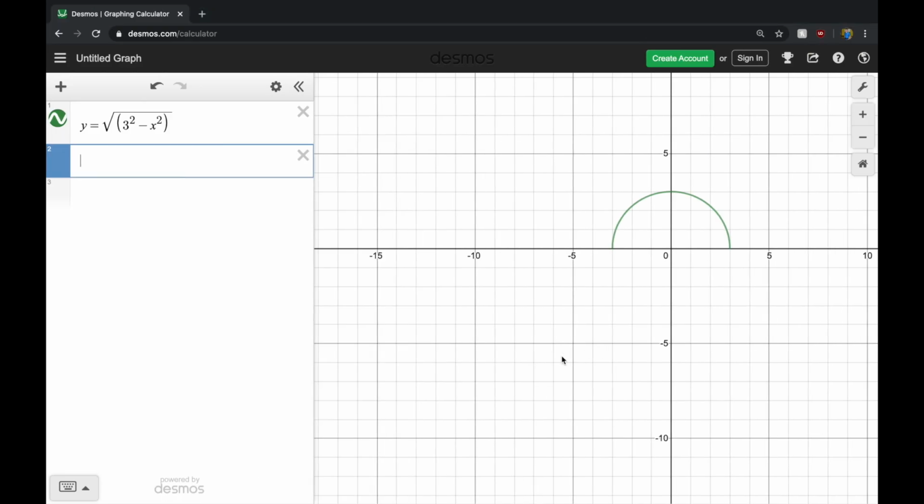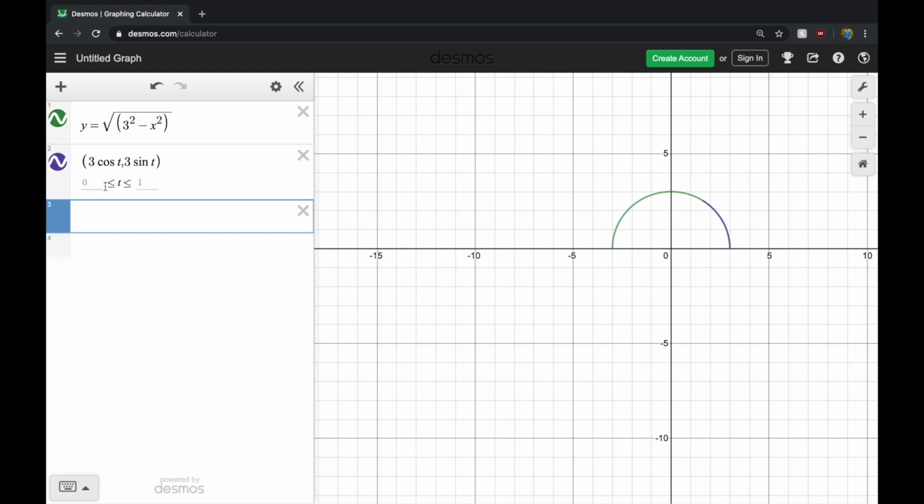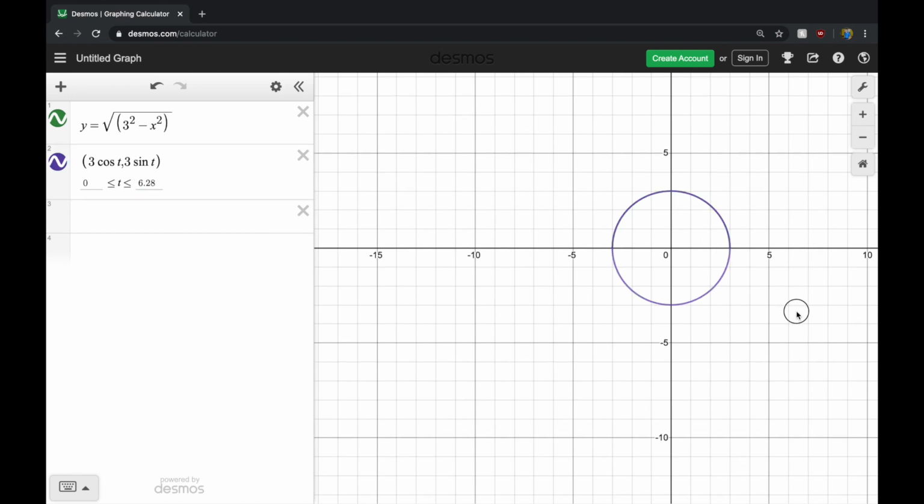So if we wanted to graph this full circle, this one we said had a radius of 3, so we can put in 3 times the cosine of t, comma, 3 times the sine of t, with the parameter from 0 to 2 pi, which is approximately 6.28. And we can see that we formed a full circle.